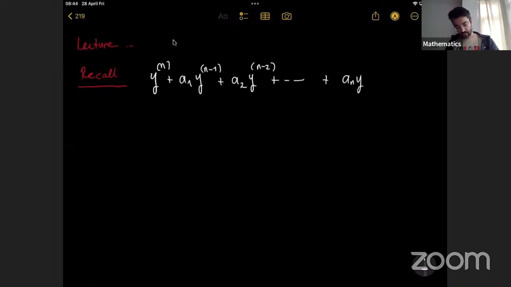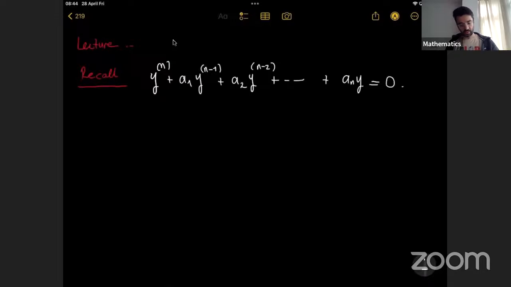An nth order equation with constant coefficients, a_n y = 0.